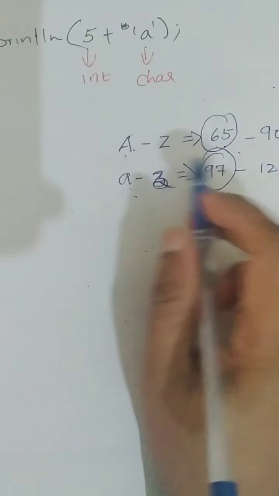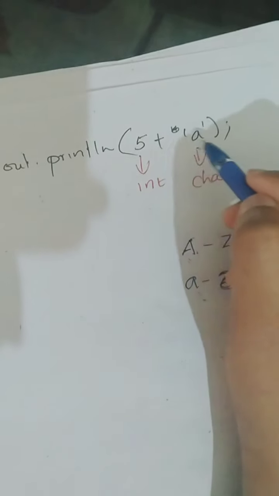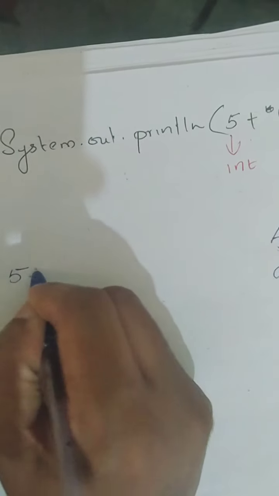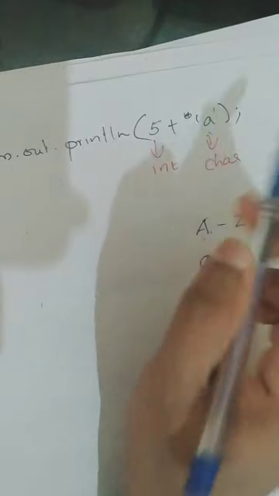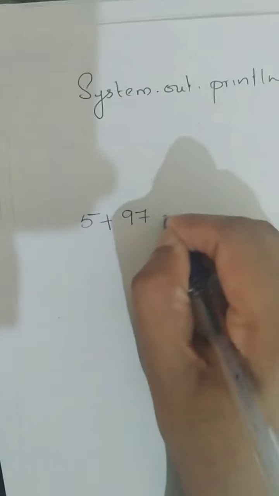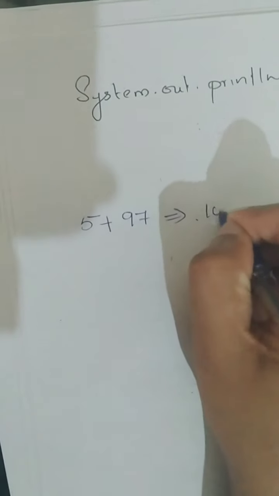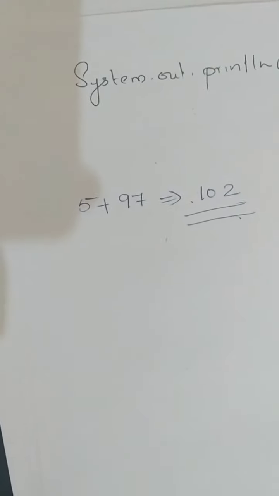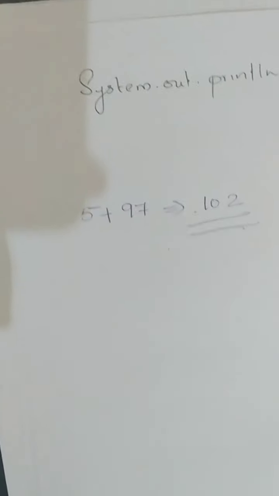So here there is a small a, and there is no string, so it will not perform concatenation. Instead, it will do 5 plus small a's value, which is 97, and you will get the output 102.